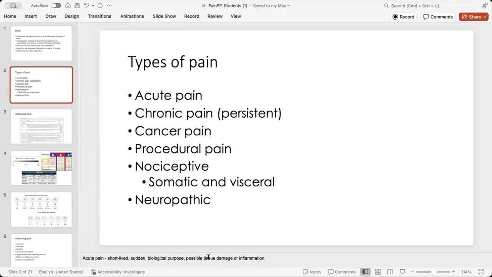It can develop chronic pain, okay? So who are you gonna see that has acute pain? Think about the kind of clients you might encounter, right? They come in with what? Trauma, yeah, they have a trauma, fractures, post-surgery. Who else has acute pain?